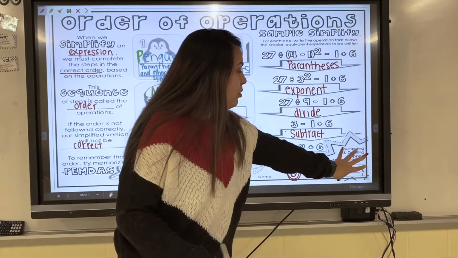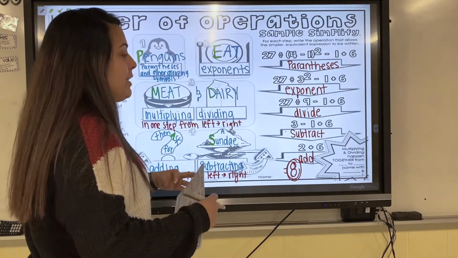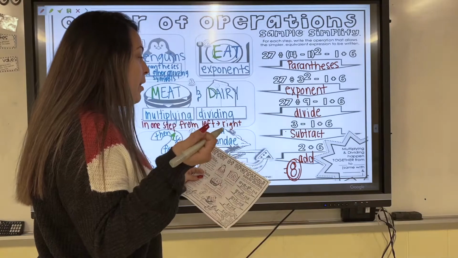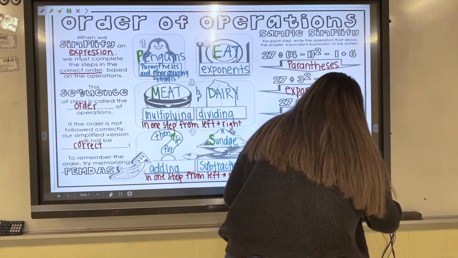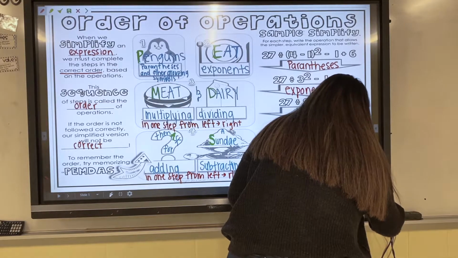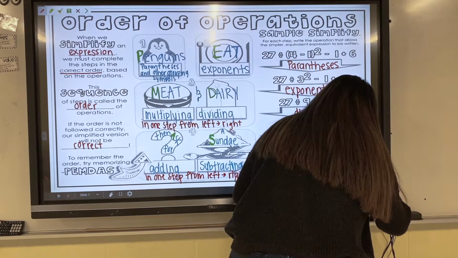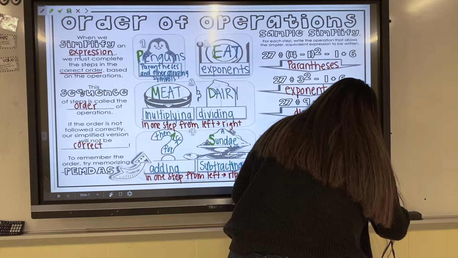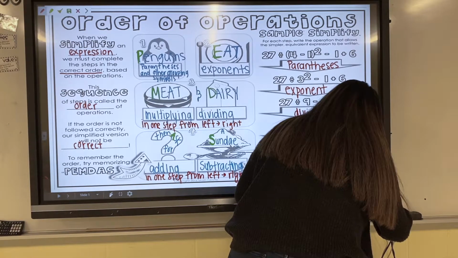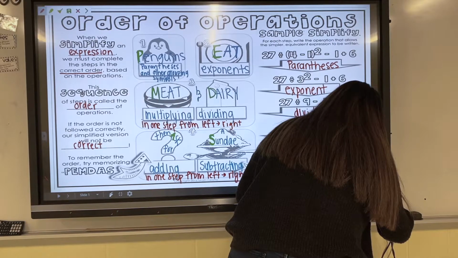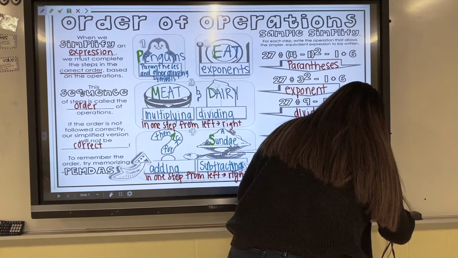And then in this little star area, it's just a reminder that multiplying and dividing happen together from left to right. Same with adding and subtracting. So that's just a little reminder.